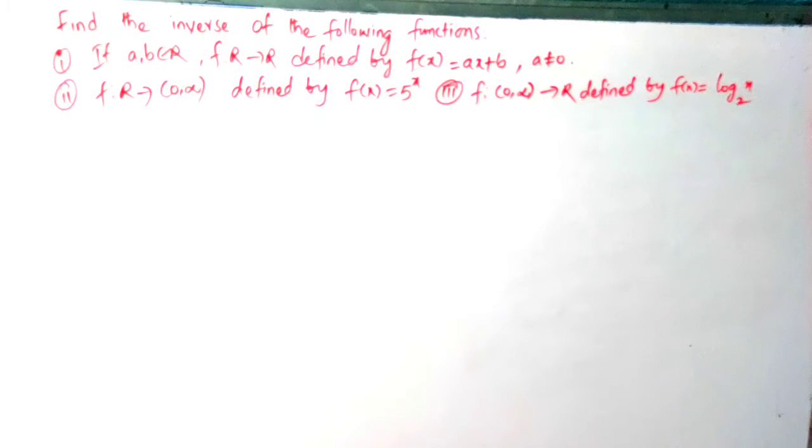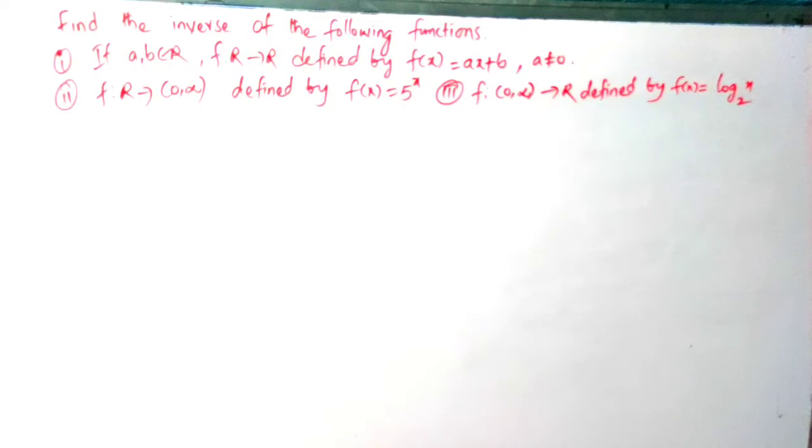Find the inverse of the following functions. If a, b belongs to capital R, f is R to R defined by f of x equals ax plus b. That is the first problem, and a is also not equal to 0.